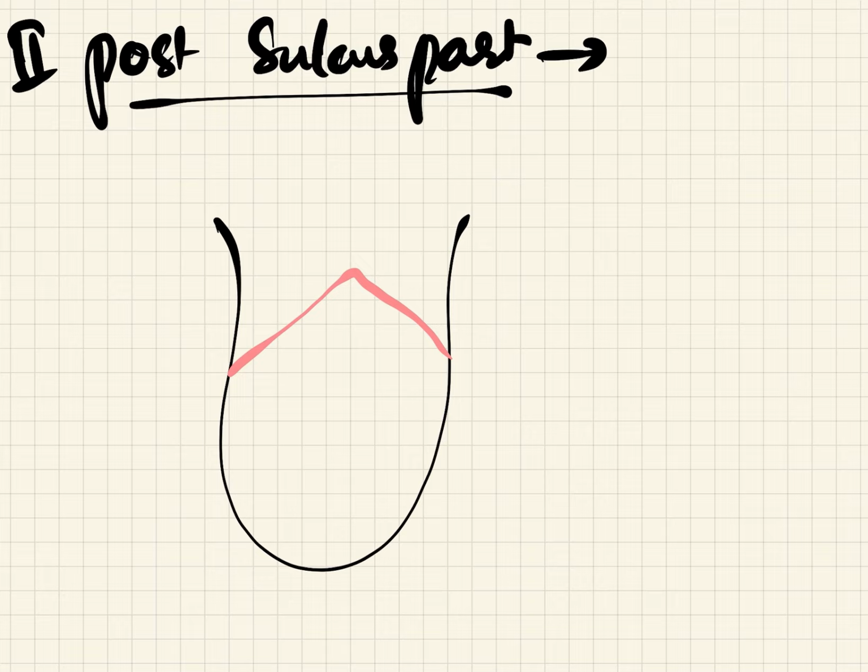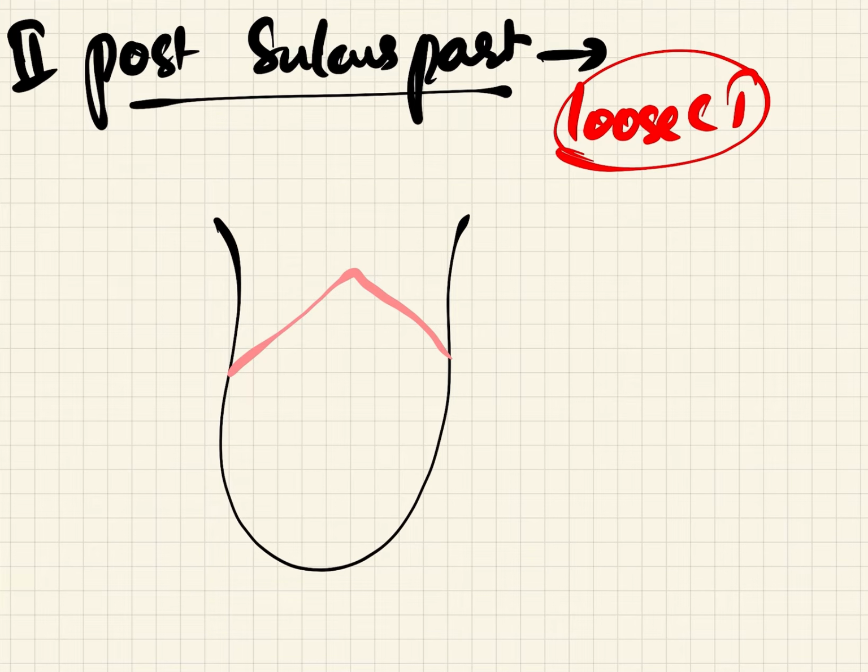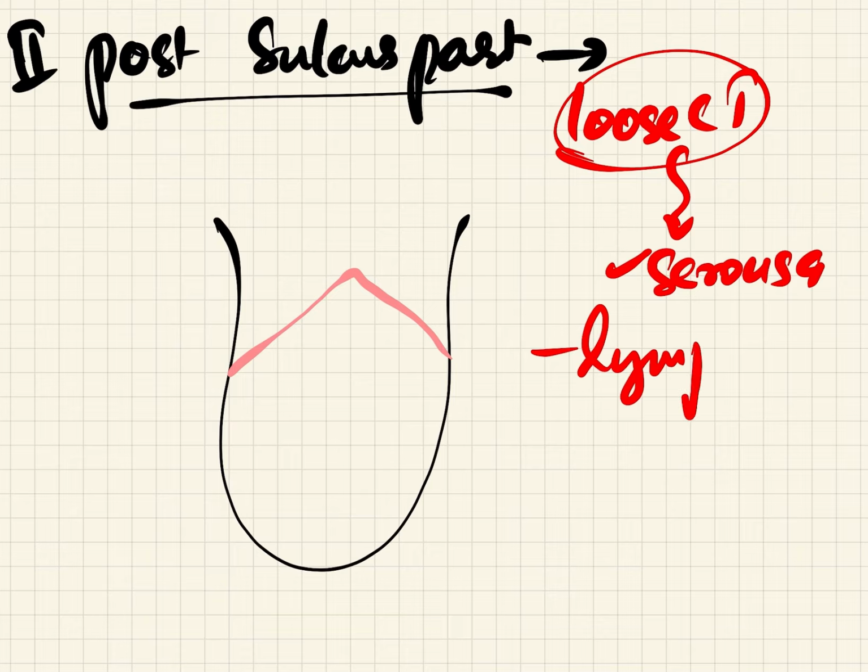If you recall what I told earlier, in the pre-sulcus part, the mucous membrane is attached to the underlying muscles by means of a lamina propria, but here it is connected to the underlying muscle by loose connective tissue. This loose connective tissue has serous glands and also lymphatic follicles.